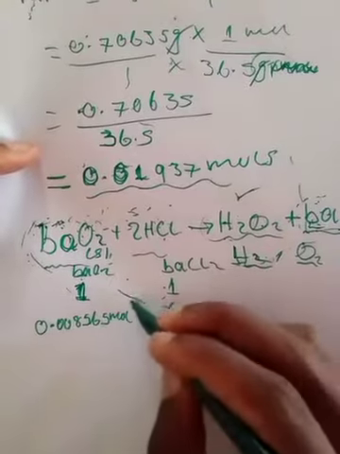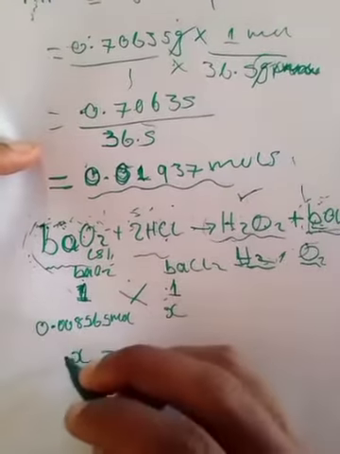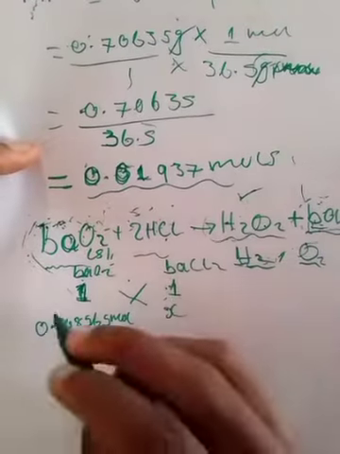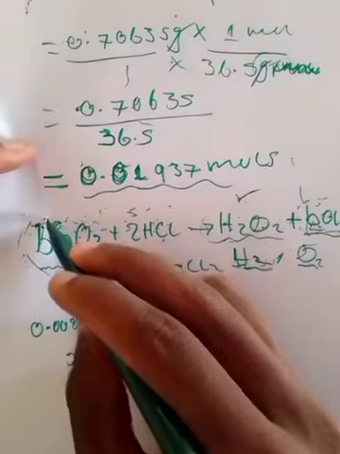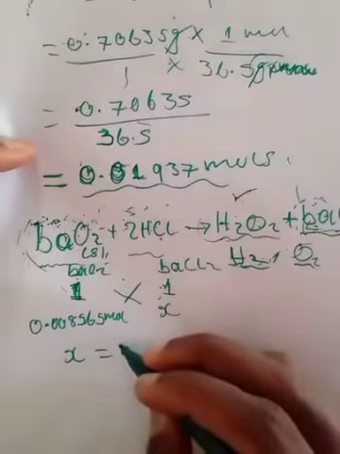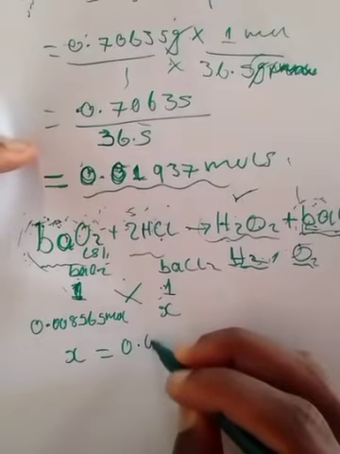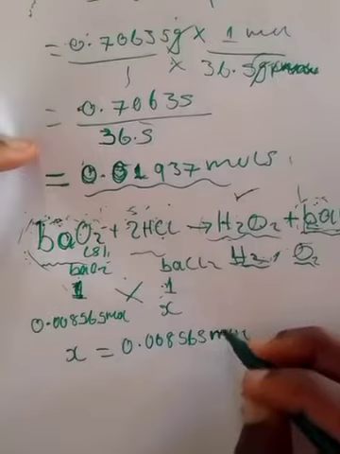You're going to cross multiply. You're going to have x times 1, that will be just x, right? How about 1 times this one? It will just bring it back, right? So the number of moles for this are the same. Will still be the same. Okay, so you're going to get 0.008565 moles.